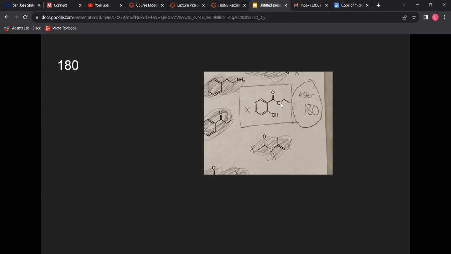And this molecule is o-ester phenol. So that is my second molecule.